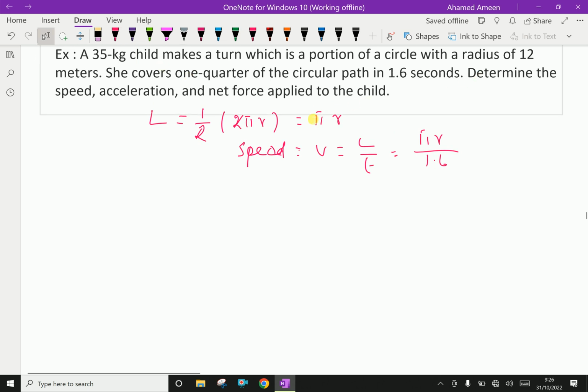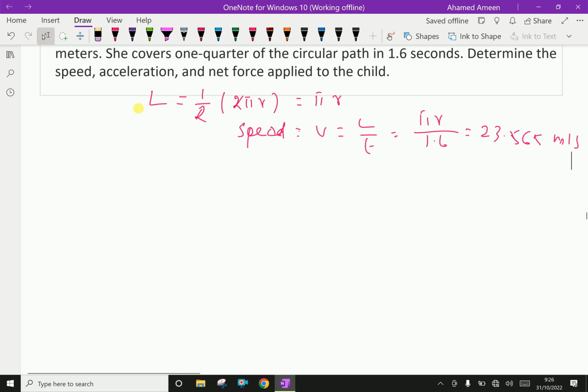Radius is 12 meter. 3.142 into 12 divided by 1.6 equals 23.565 meter per second. Now we found the speed.